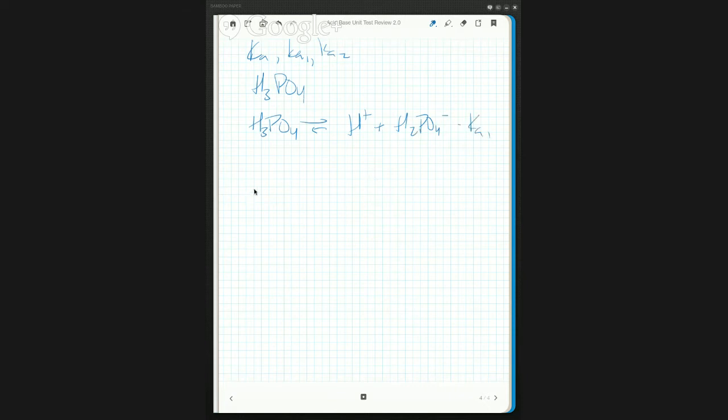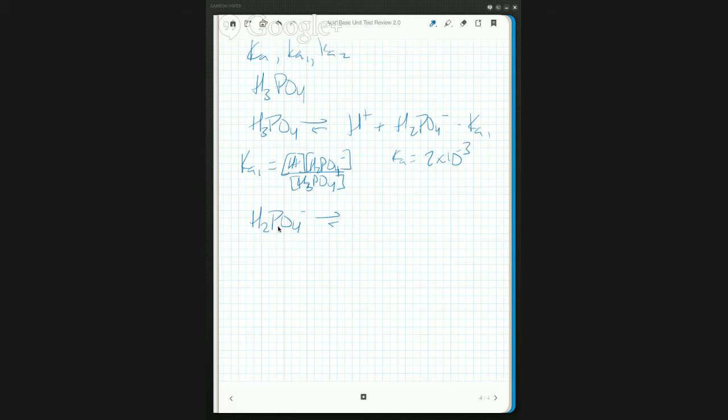This is the first H plus coming off. Ka1 is equal to H plus times H2PO4 minus all over H3PO4, that concentration. That's Ka1, the first H plus coming off. Then you have H2PO4 minus and another one. And the Ka for this is something like, let's just say 2 times 10 to the negative third.